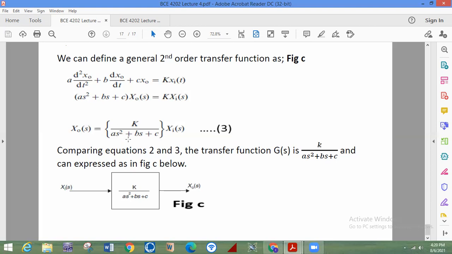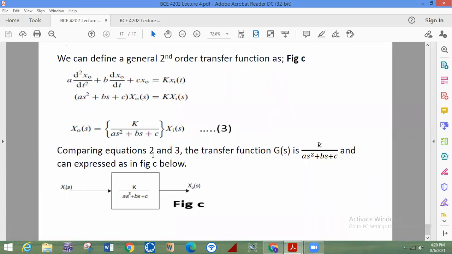When it is rearranged, you have the output function or the system response on this side, and this whole function multiplied by the system input gives you this equation, and this equation can be represented by a block diagram as shown in figure C. So this is clear still.